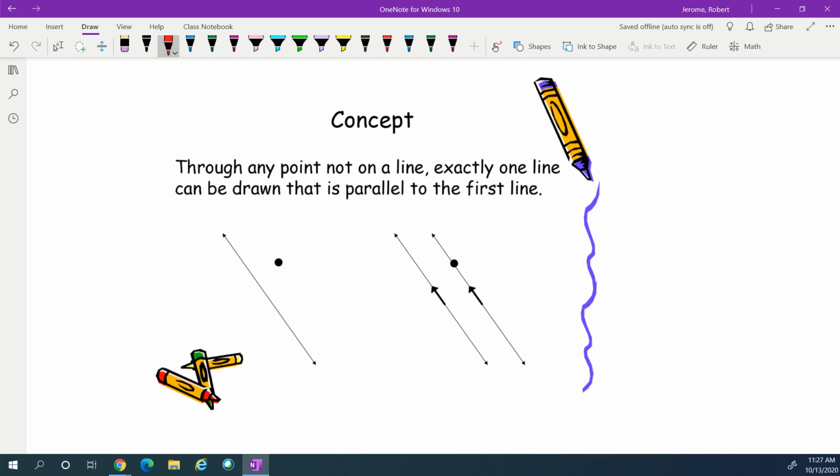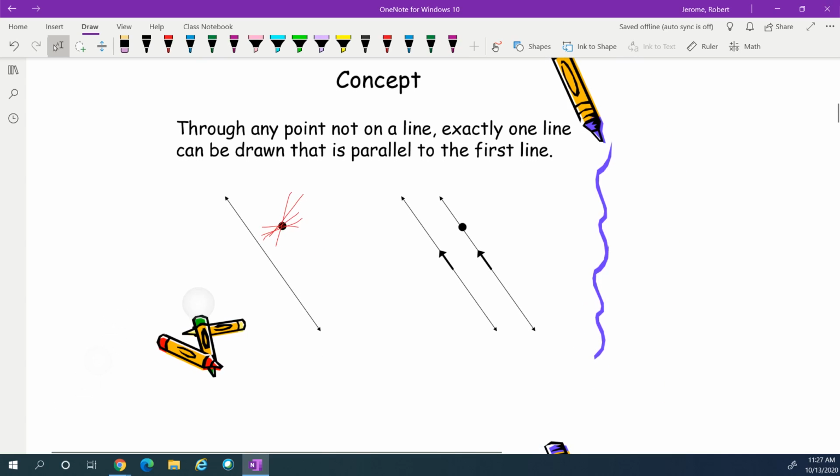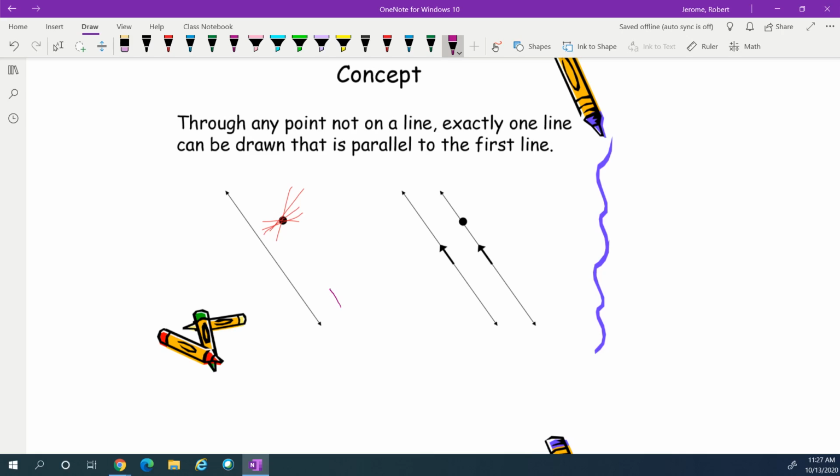So I can draw a million different lines through that point, but only one of them is going to be parallel to it. And that's all that means. Through any point that is not on a line, exactly one line can be drawn through it that is parallel to the original line. That's all it means.